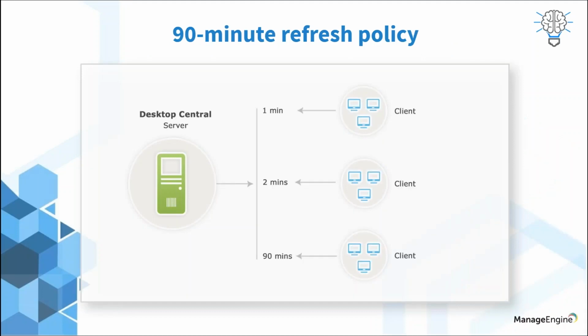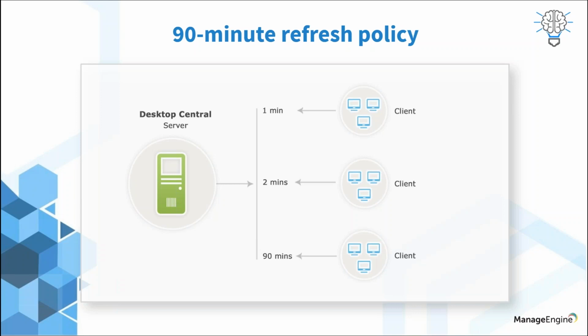90 minutes refresh policy. Desktop Central can scale to small as well as large networks using our 90 minutes refresh policy. So what is this 90 minutes refresh policy? Every agent communicates with the Desktop Central server once in 90 minutes.